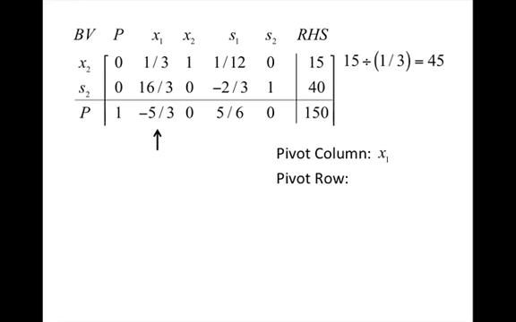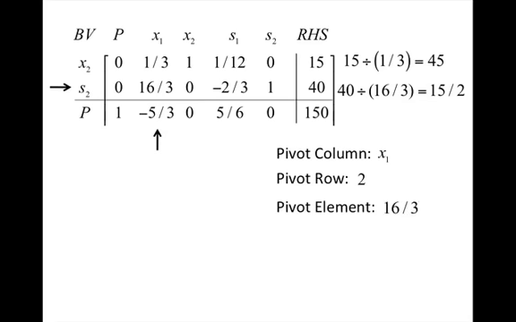So 15 divided by 1/3 is 45, and 40 divided by 16/3 is 15/2. 15/2 would be 7.5 if you made it a decimal. I take the smallest non-negative value, and this time it would be the 15/2. So row 2 is my pivot row. Well, the pivot element is the 16/3 because that's in the pivot row and the pivot column.